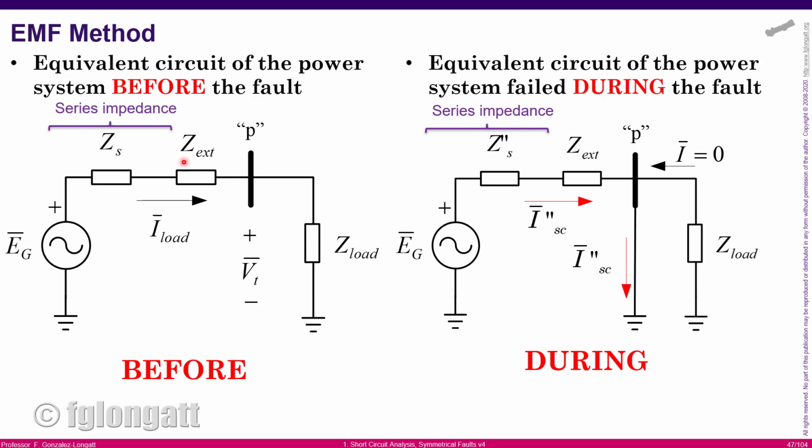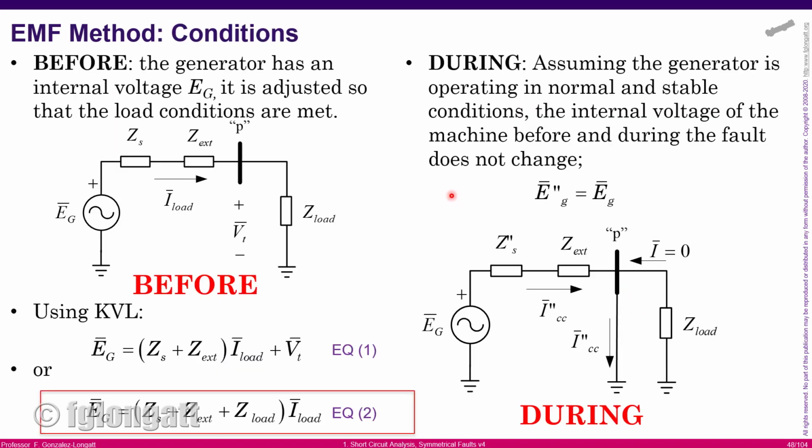What I'm trying to say is this is the single-phase equivalent model before the fault, and this is the single-phase equivalent model during the fault, okay? Here we insert this short circuit, but you must remember this short circuit is going to be a three-phase short circuit, okay?